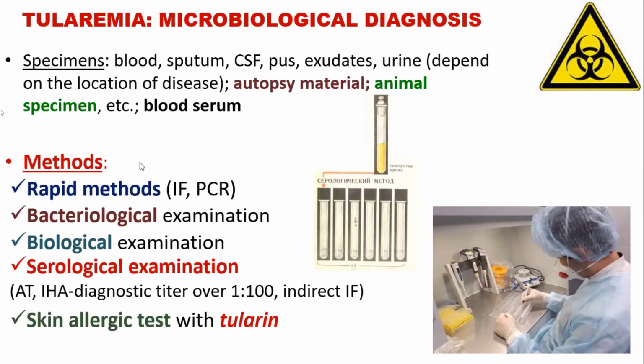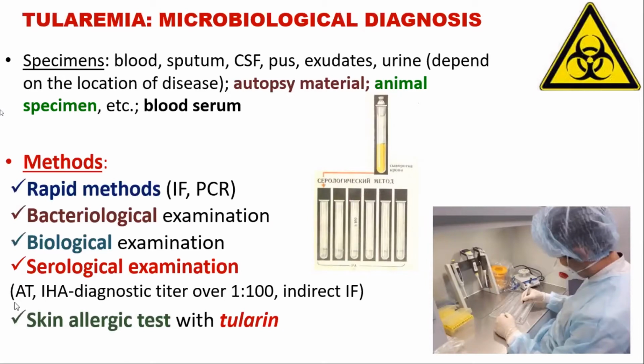Among methods, of course, I can mention rapid methods: immunofluorescence, PCR, and bacteriological examination that is performed after the biological method, I mean, after inoculation of a living model. And then isolation of culture is possible in artificial culture media. Serological examination is the main method, and a skin allergic test with tularin is used as a screening test.